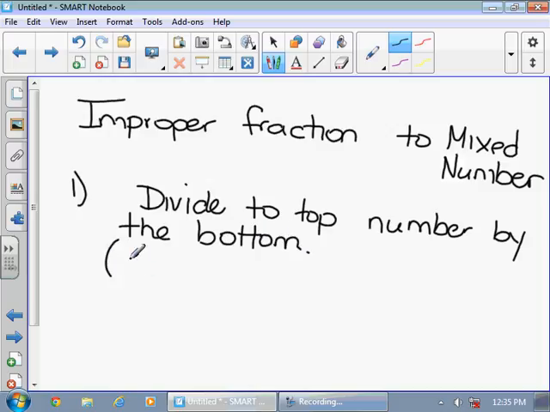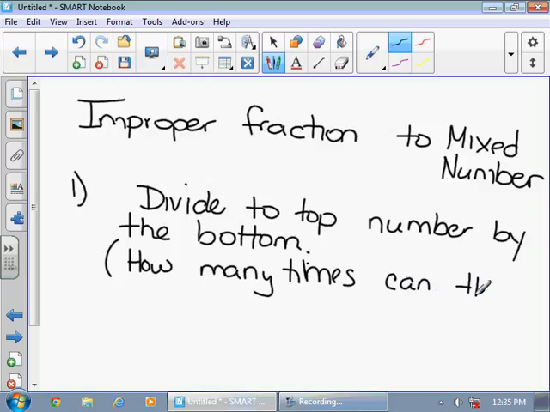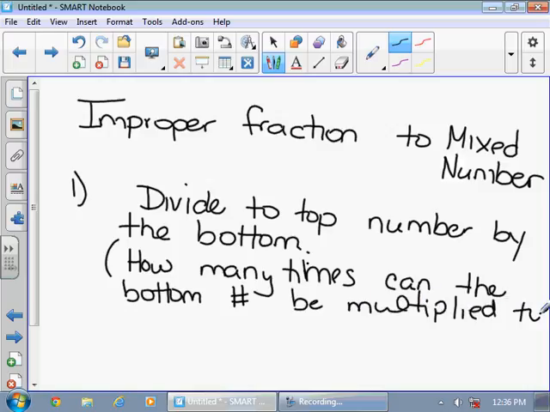Another way you can say that is how many times can the bottom number be multiplied to get the top number.